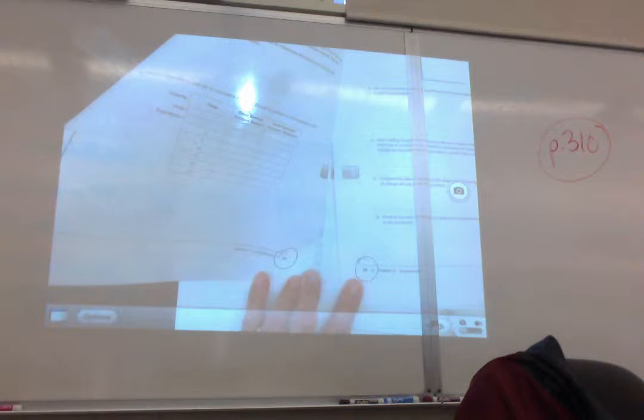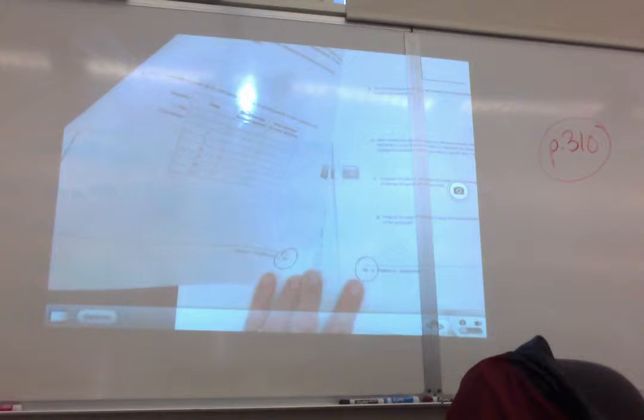One thing we just noticed. Are you going to zoom in, or do you want me to zoom? There we go. Okay. One thing we just noticed is there's some repeat pages in the packet.